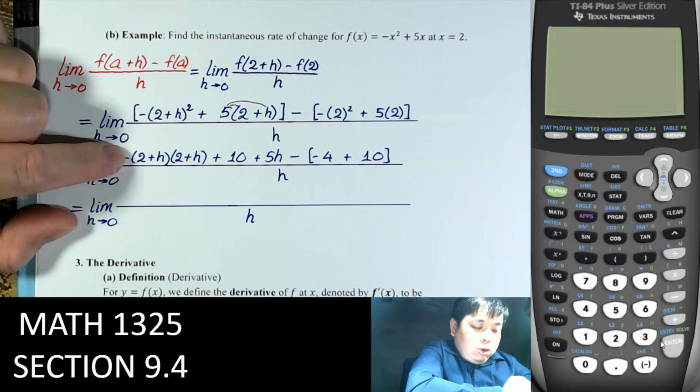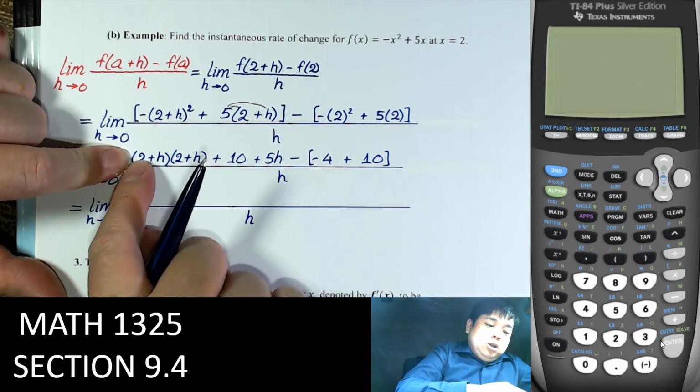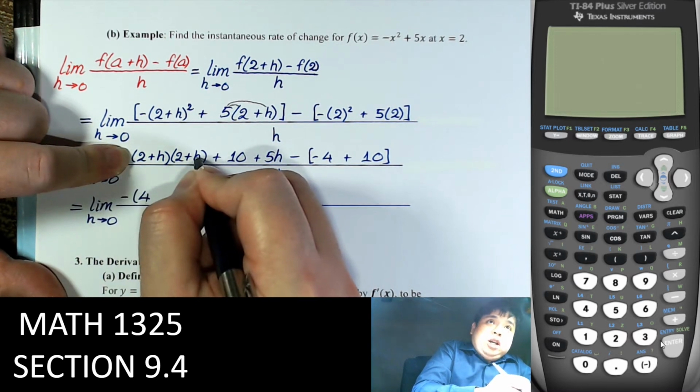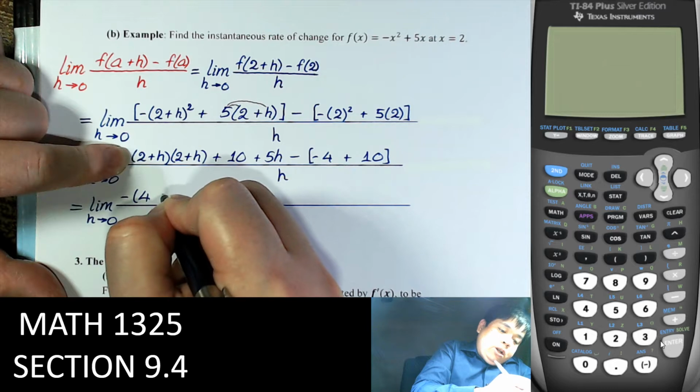Right. Now multiply them out. Ignore the minus. 2 times 2 is 4. 2 times h is 2h, plus another 2h.